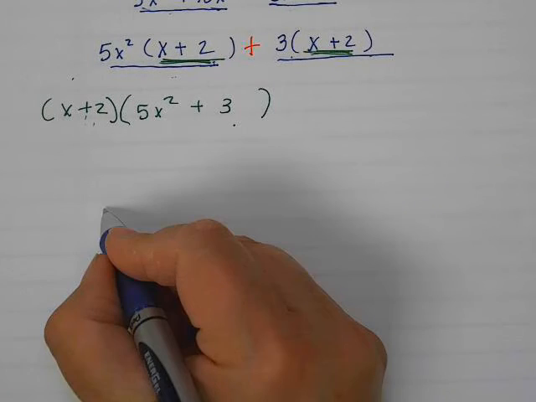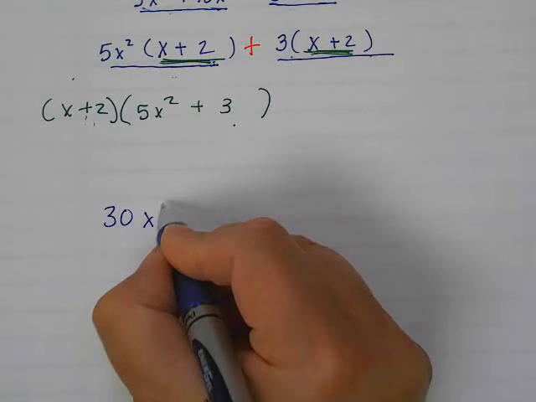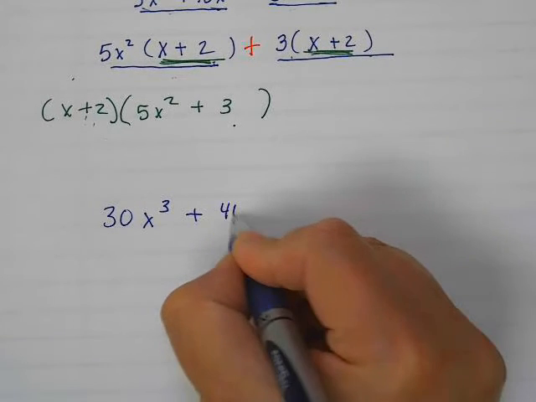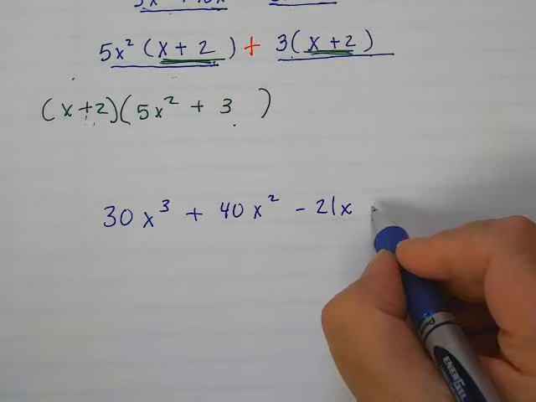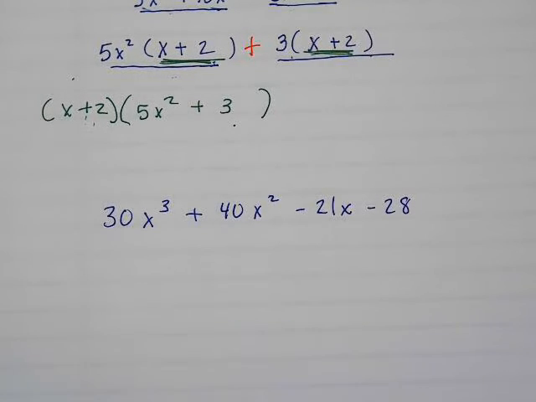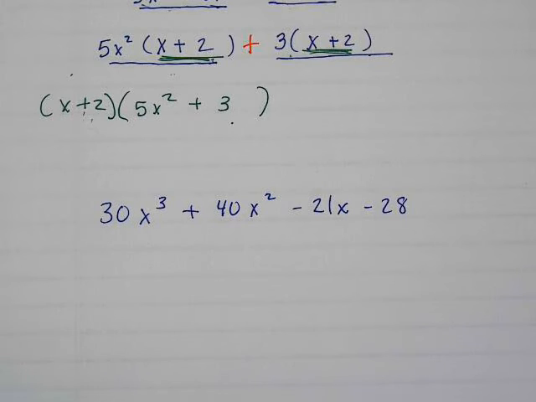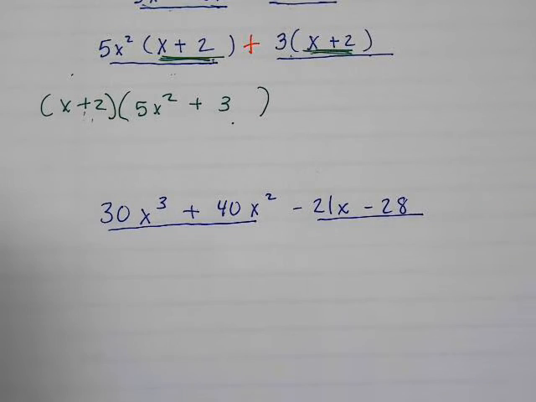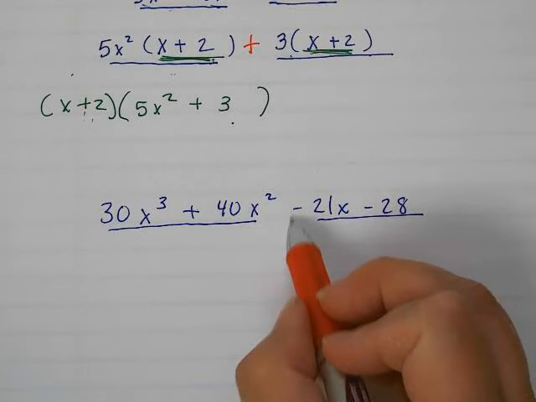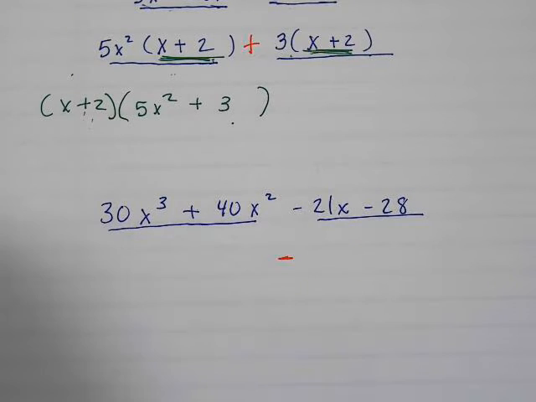Let's do another one. 30x cubed plus 40x squared minus 21x minus 28. So 4 terms here, I'm going to factor by grouping. I'm going to look at this group and this group. And remember, we always keep the sign in between the 2 groups, so it's going to be a minus right there.